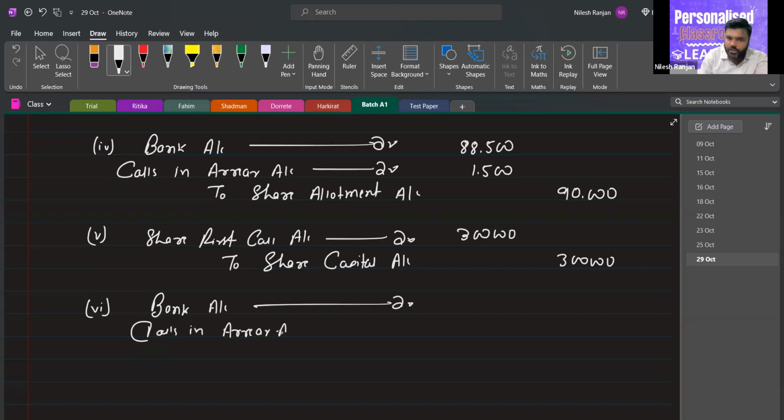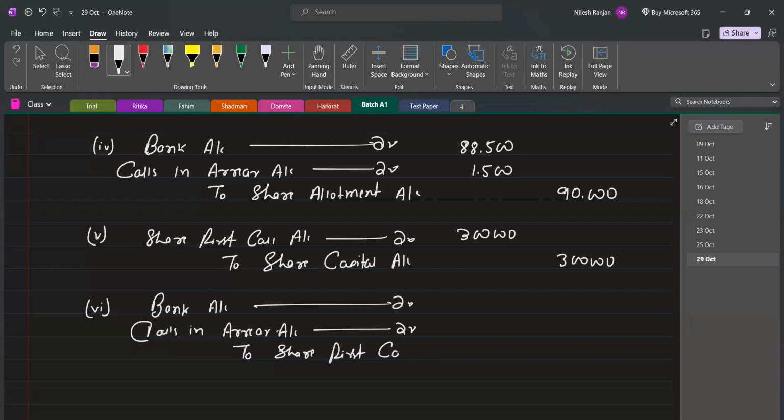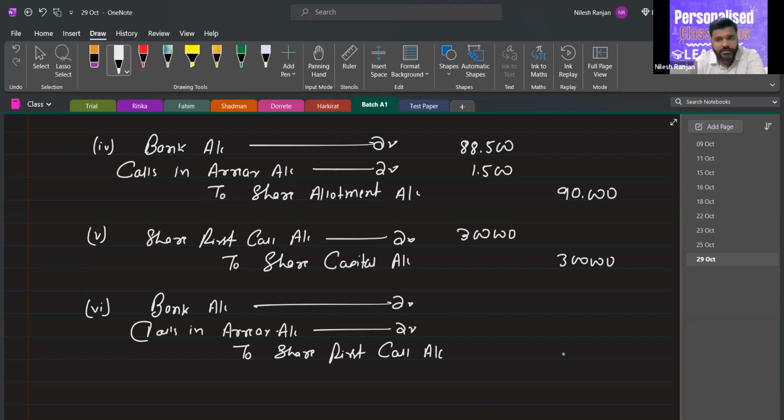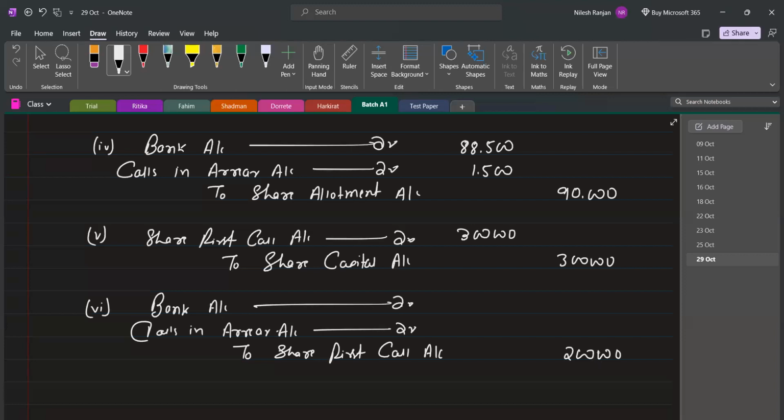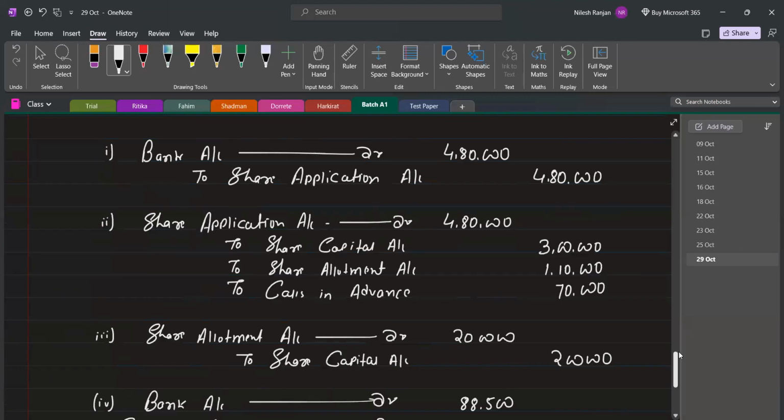Now you have to tell me the amount of this entry. Sir, for the bank account, to share first call account, credit amount would be 2 lakhs. 2 lakh. Yeah. Okay. And sir, what was the calls in arrear amount? 4,000, sir.